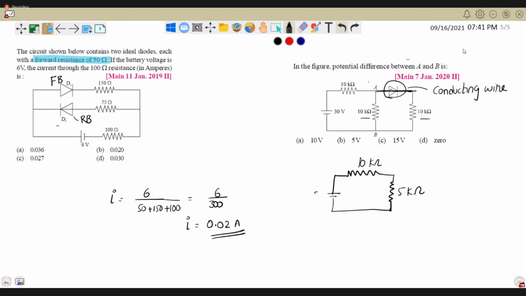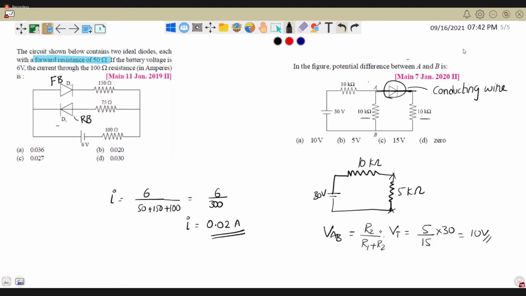What is your potential here? Potential difference. R2 divided by R1 plus R2 into V total. 5 by 15 into... okay, 10 and 5 is 15.